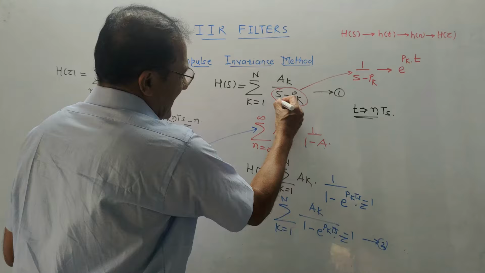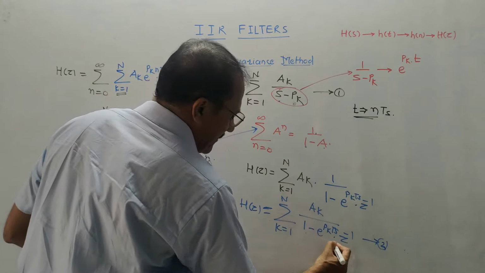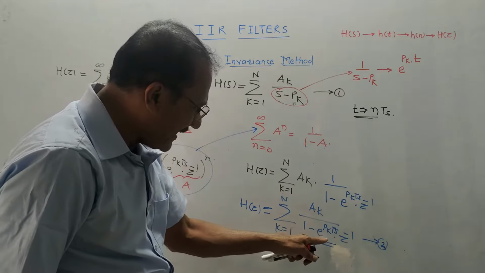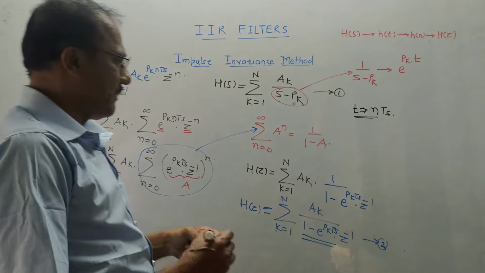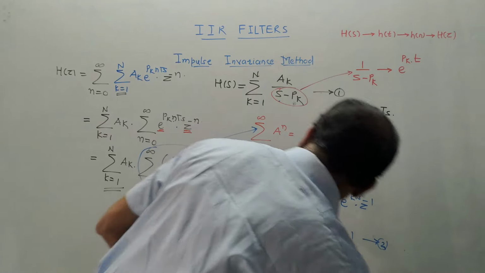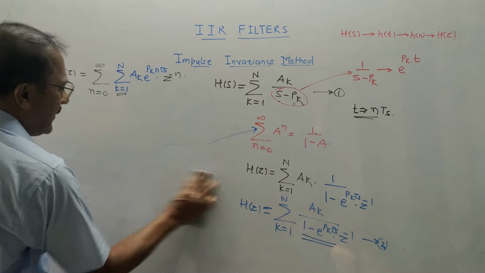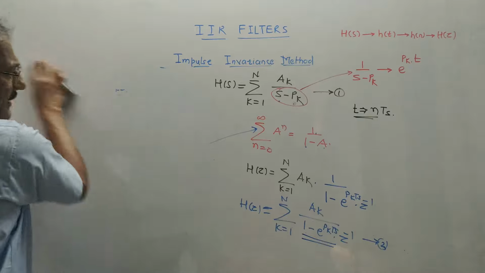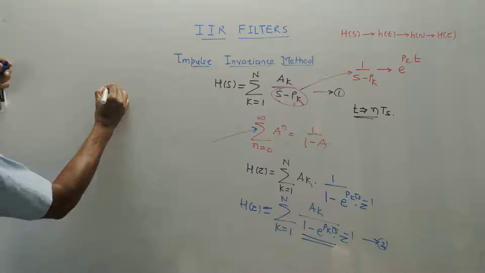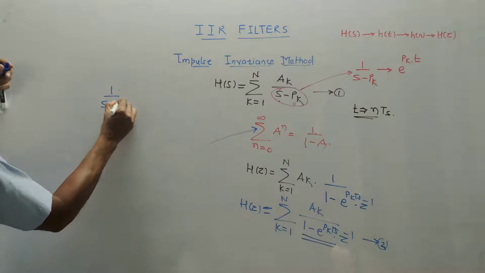In place of this s minus pk, we are getting this term 1 upon 1 minus e raised to pk ts into z raised to minus 1. So the conclusion is, if you want to transfer analog filter into a digital filter, then make use of the formula for transformation 1 upon s minus pk.